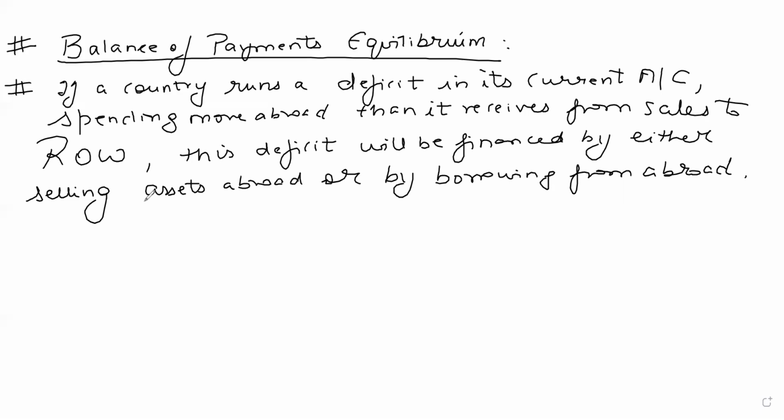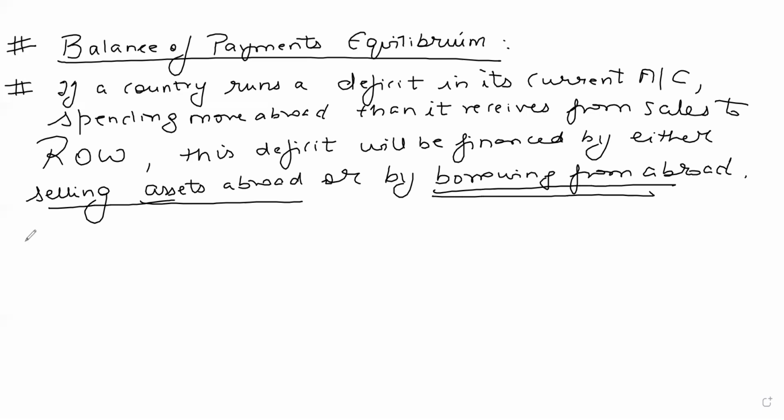Either we will sell our assets abroad and use the money to finance the deficit, or we will borrow from abroad to finance the deficit in the current account. When we are selling assets abroad or borrowing from abroad, foreign exchange is coming into our country, which means net capital inflow.